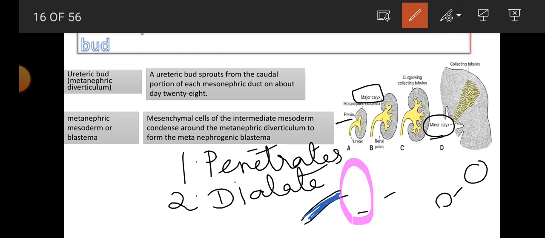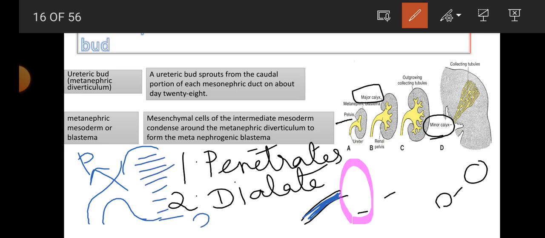Now what happens? It starts dilating. This dilated part will form the pelvis. They dilate craniocaudally. And they further divide into more than 20 generations, and the tubes of the second order enlarge and absorb the third order, and the fourth order forms the minor calyces and the major calyces.